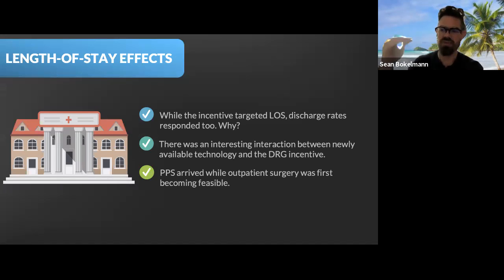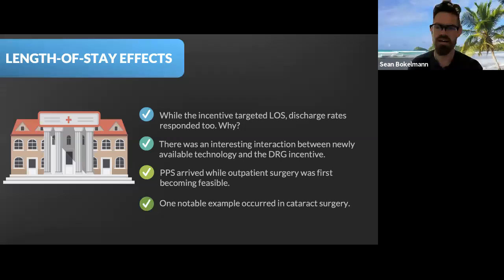So the prospective payment system came about at the same time that outpatient surgery was first becoming feasible, right? So surgery that does not require hospitalization. And probably the most notable example of this occurred in cataract surgery, right, which has to do with vision. And this is particularly something that older people have to get.